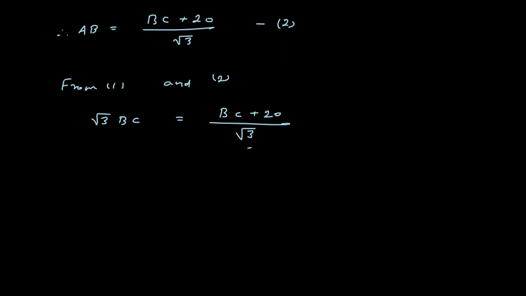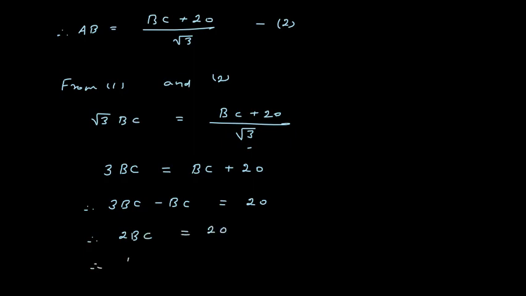It will be root 3 into root 3, that will give you 3. So 3 times BC is equal to BC plus 20. So 3 times BC minus BC will give you 20. So 3 times BC minus BC is 2 times BC. 2 times BC is 20. So therefore BC is 20 divided by 2, which is 10. BC is equal to 10 meter.